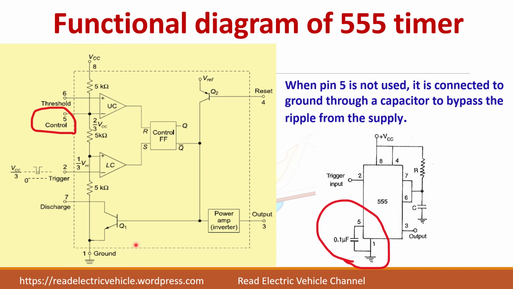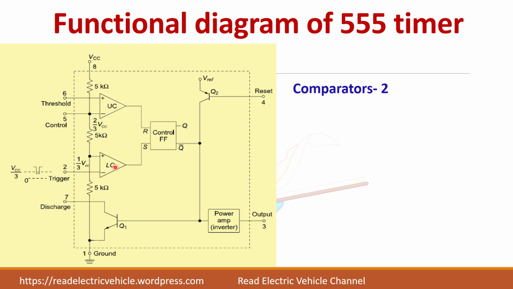But when this pin is not required, you can connect it to the ground through a capacitor to bypass the noise or the ripple from the supply. This is recommended by the manufacturers. So when you want, you can use it. If you don't want, just connect it to the ground through a capacitor.